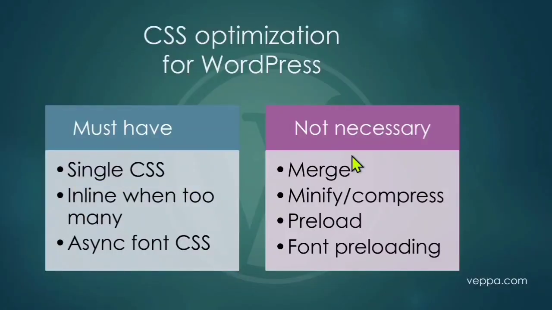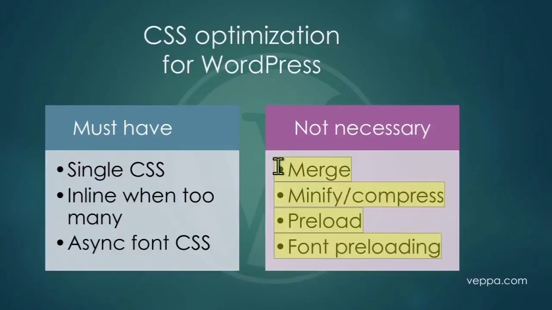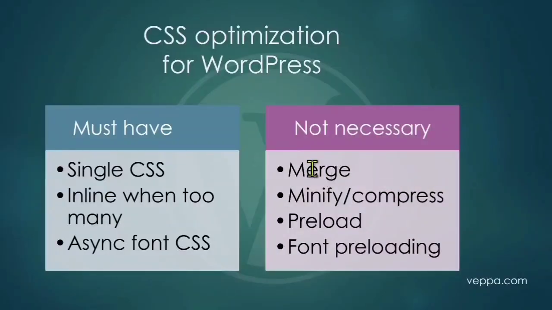And here are optimizations that are not necessary, because they are outdated and they are not helping much for increasing page speed. So let's check merging CSS files. Remember, if you have too many CSS files, it's better to inline instead of merging them and providing them as an external CSS file.